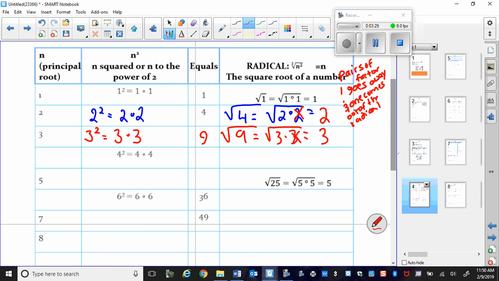So next, my principal root is 4, and these are in order, so I'm just going to go down and write what they are, all right?